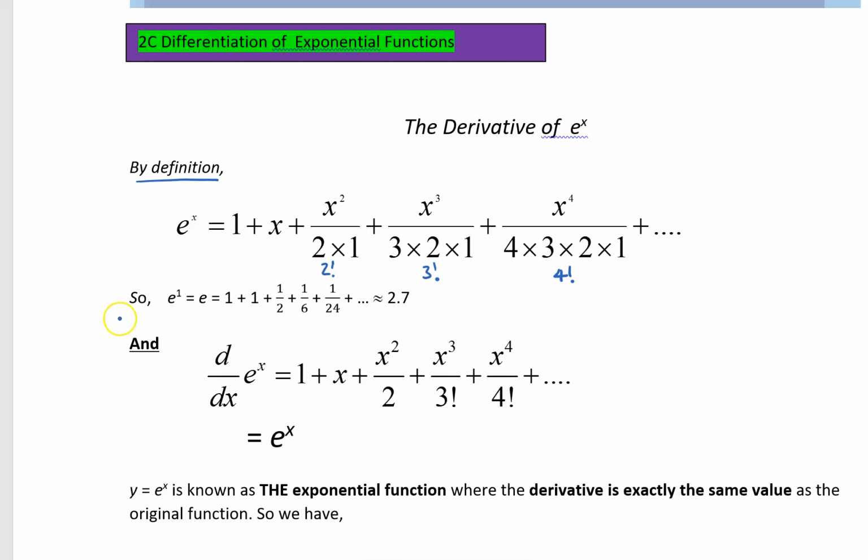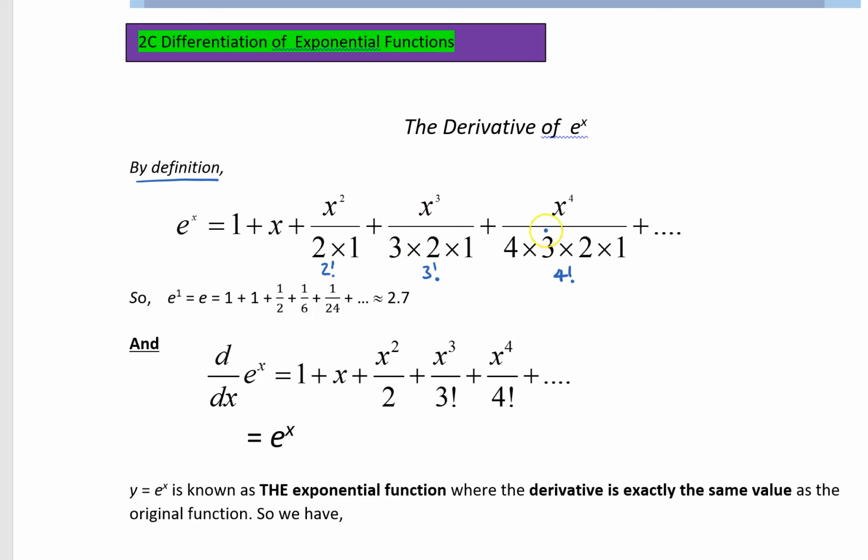Now, just out of interest, e to the power 1 will be 1 plus 1 plus 1 over 2 times 1, which is a half, plus, because x, remember, was 1. We're trying to show that e is actually this number 2.7 that we actually know it is. So put 1 in here, and we'll get 1 on 6.